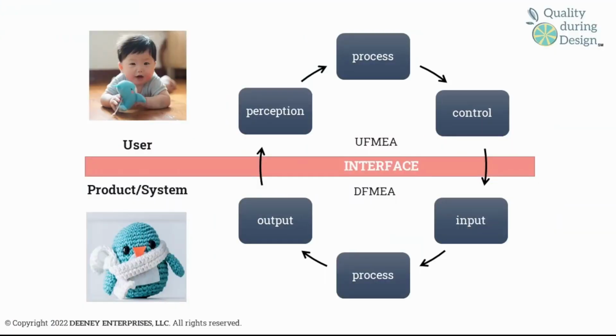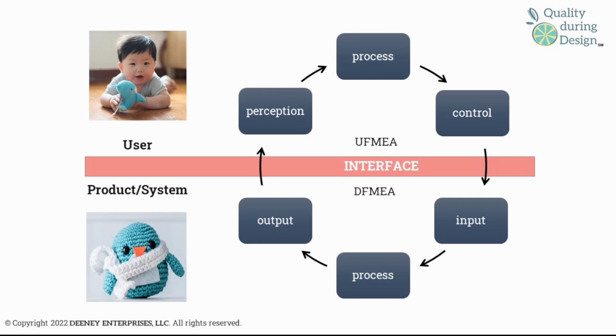Besides the similarities in them just being FMEAs, they do relate to one another. Another way that UFMEA and DFMEA relate is through the interface between the product and the user. When we're thinking just about the product, we're thinking that there is an input, the product has a process where it's doing something or accomplishing something, and then there is an output.